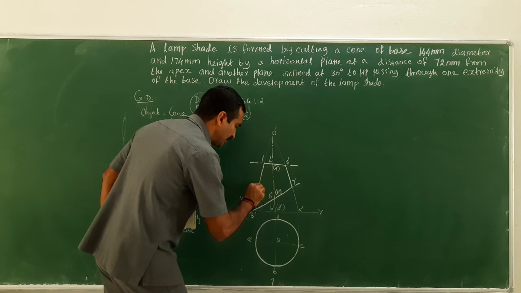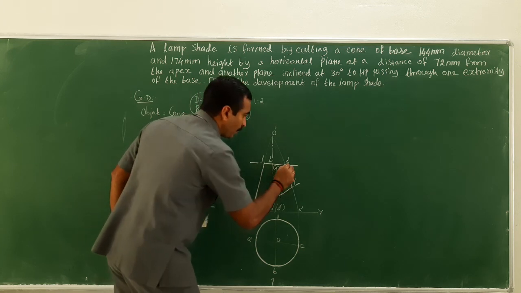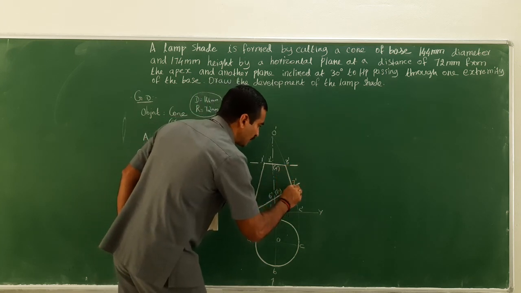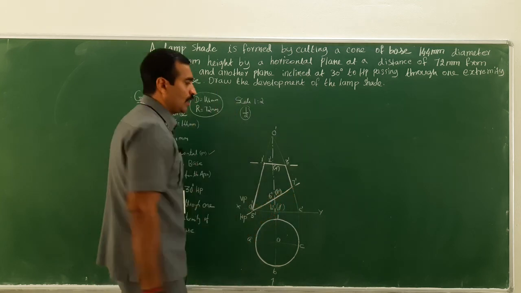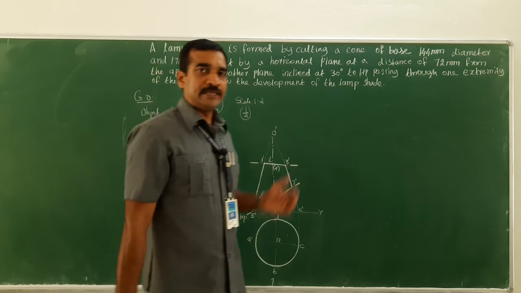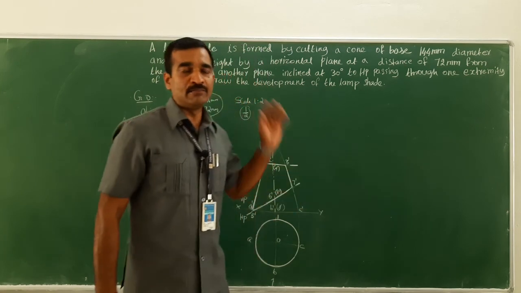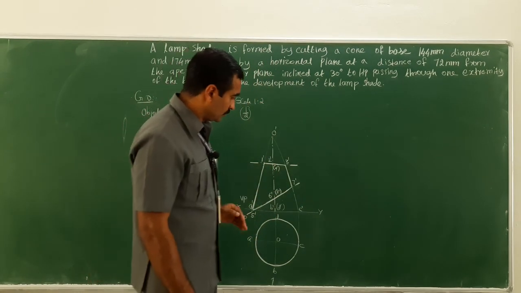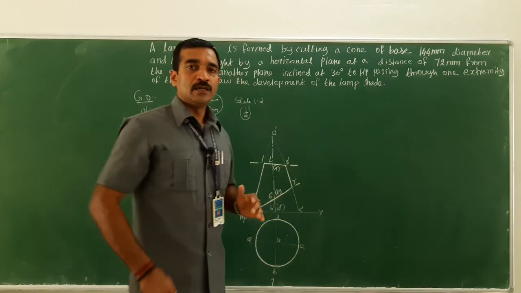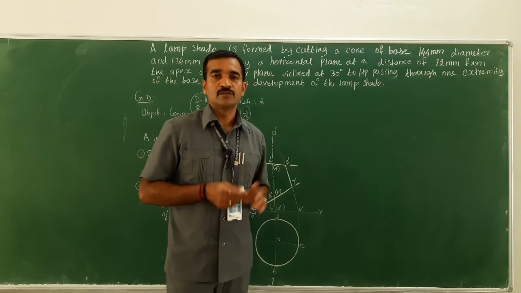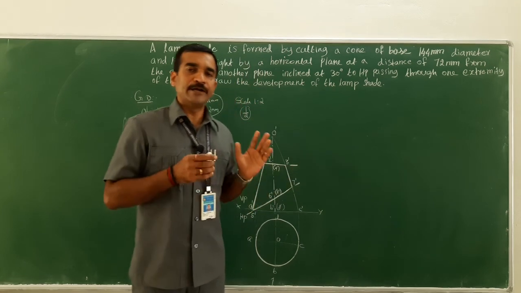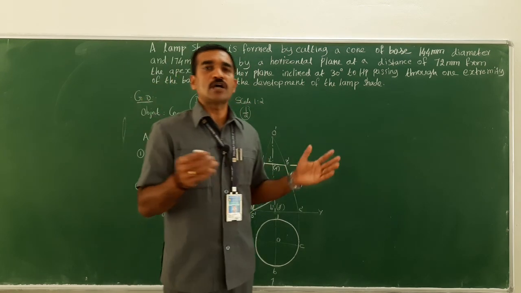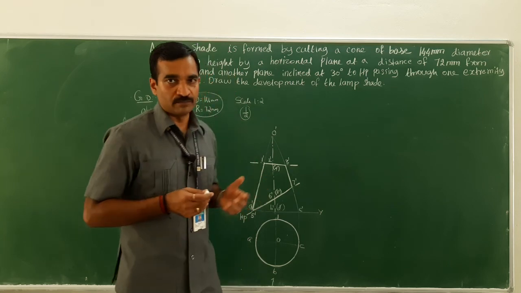So, I am going to develop the lateral surfaces for the remaining portion of this particular cone. By developing this, you will get the lampshade shape. The radial line method is used for the development of lateral surfaces of a cone. By doing that, a sector of a circle is formed, isn't it?